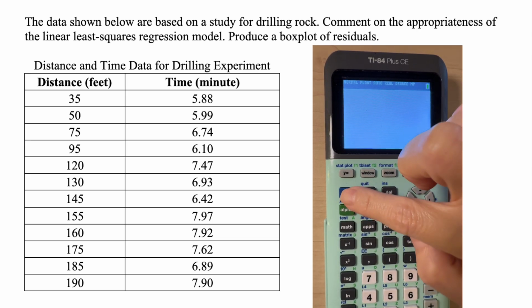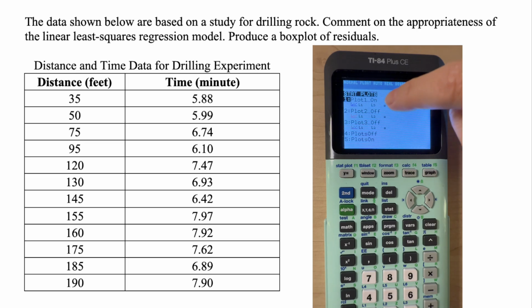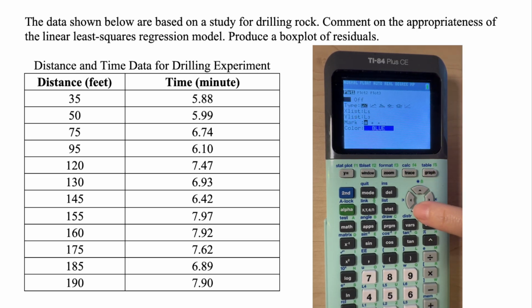Press second Y equals, and I'll just choose Plot 1. And under the type, I choose the box plot, enter. And I want to graph the residuals, so I replace L1 with L3.